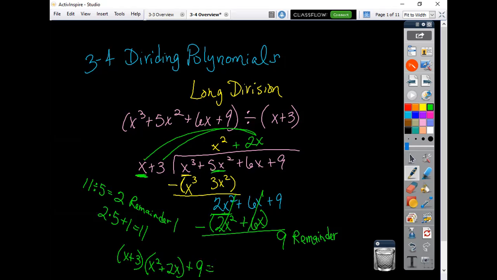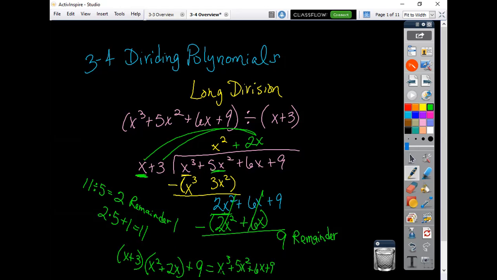That equals the original x cubed plus 5x squared plus 6x plus 9. If I multiplied this all out, I'd have my x cubed, a 3 and a 2x squared for my 5x squared, I'd have my 6x, but I would still need 9 to equal that original problem.